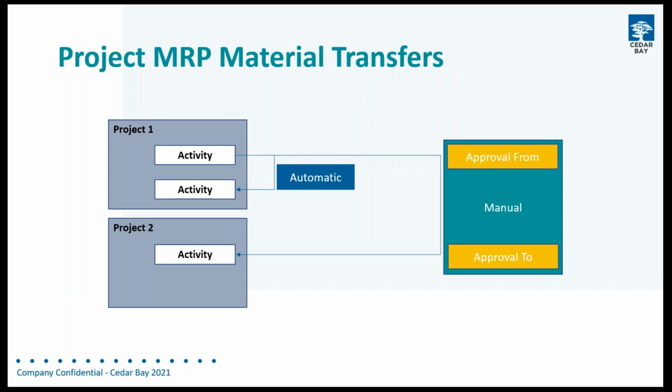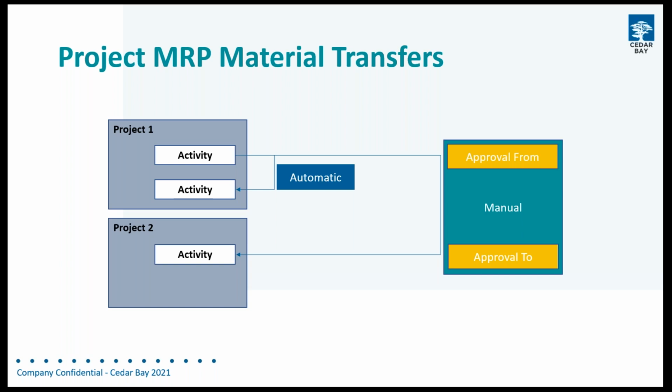Okay, so material transfer requisition is something that exists to move inventory and move supplies between activities either within a project or across projects. And there's some controls that we can put on a material transfer. I've got an example here.